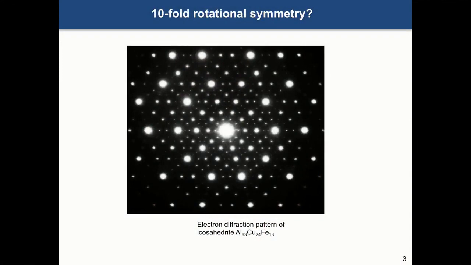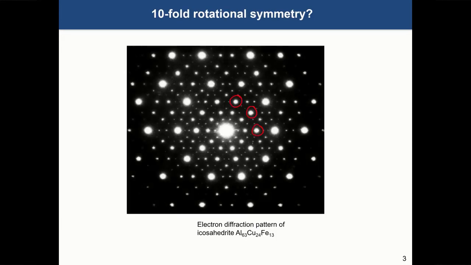So this is a diffraction pattern from a particular material that has this particular composition. It's an alloy of aluminum, copper, and iron. If you look very closely at this electron diffraction pattern, you will see that it has a 10-fold rotational symmetry. In other words, if I count the number of the spots, I would have 1, 2, 3, 4, 5, 6, 7, 8, 9, and 10.